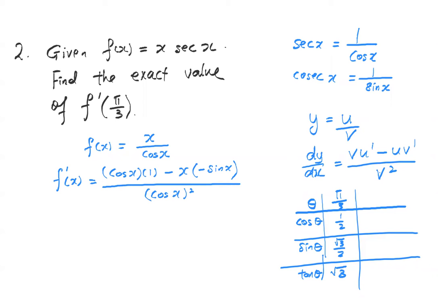So what I can do now is I can straight away substitute pi by 3. Okay, if I got my table there, cos pi by 3, I straight away put half. You see? Negative times negative, I got positive. x is pi by 3. Sin pi by 3, root 3 over 2.